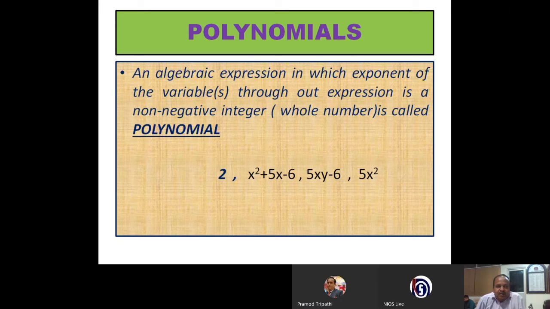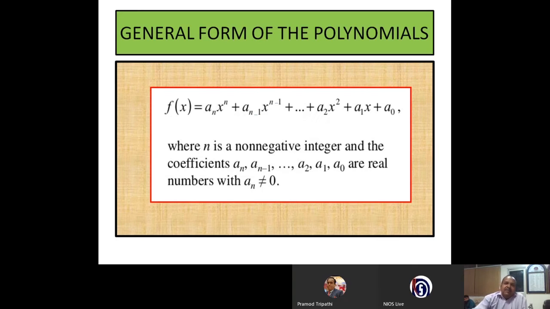So the condition for a polynomial is number 1, the exponent of the variable must be a non-negative integer, that is, a whole number. Now we move to the general form of the polynomial here.